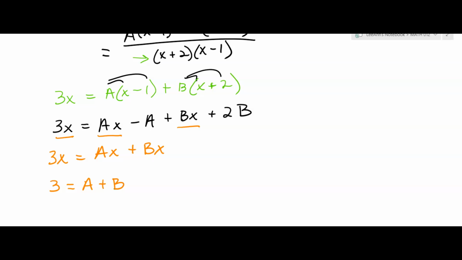But we have another equation. Our other equation, let's see, I'll write it in green. I have no constant over here. 0 is equal to negative a plus 2b. So the constants on here were negative a and 2b. Now, you might be saying, well, how do I know those are constants? They look like variables to me, Mrs. Christensen.